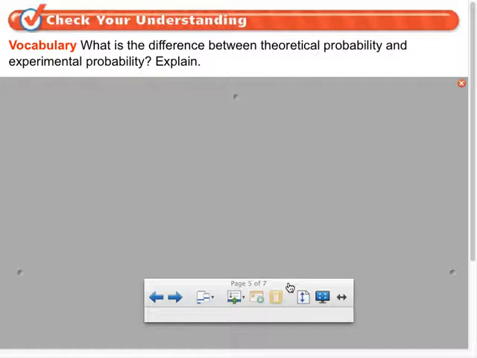That's how you calculate it, right? Do you remember the formula for theoretical probability? Right. So theoretical probability, you calculate by taking the ratio of favorable outcomes over total possible outcomes, right?